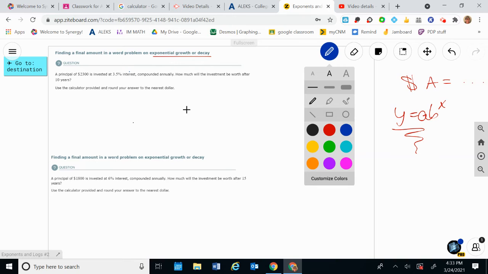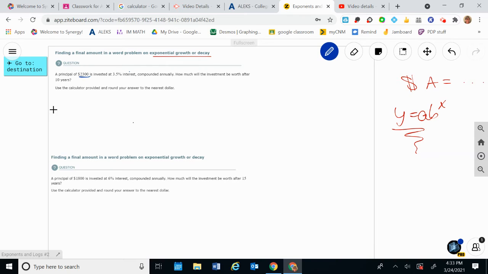So here we go. Ready? It says 2,300 is the principal, so P equals 2,300. 3.5 interest, R is 0.035. Compounded annually, so n is 1 time a year. 10 years, t is 10. So all you have to do is plug it into the formula.